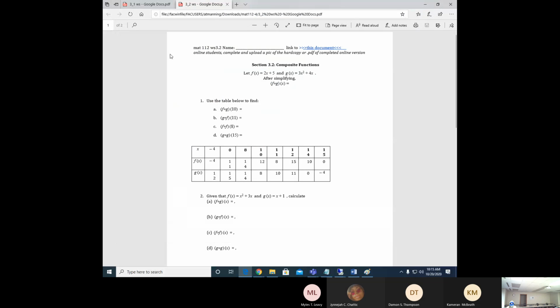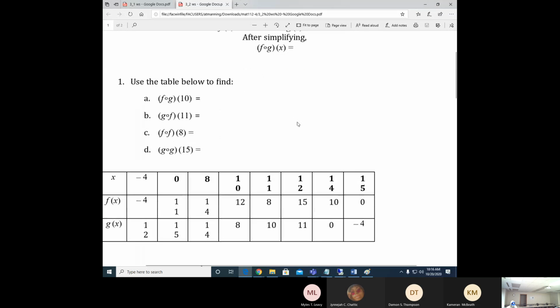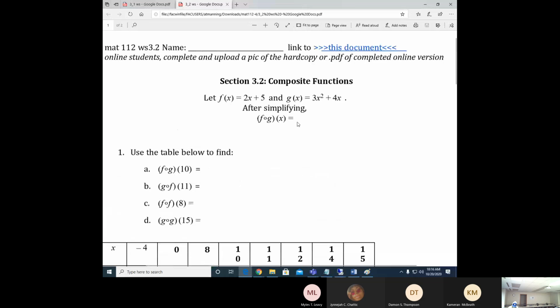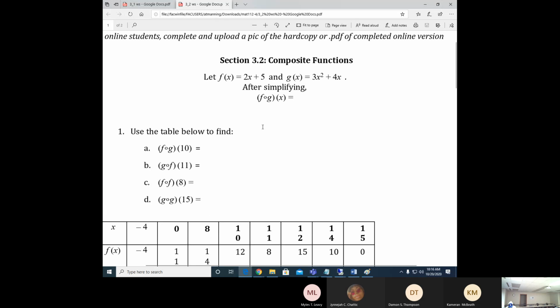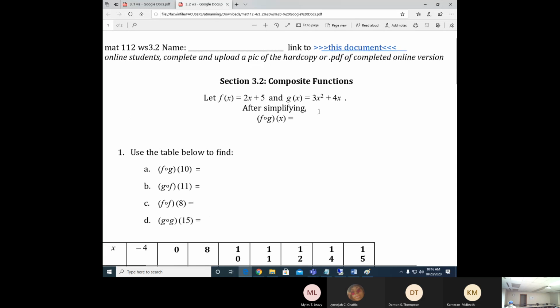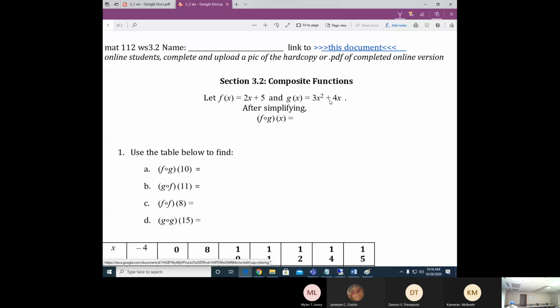So come back to here. If you print it out and then edit the PDF, I'm here in the PDF. Now it's time to look at the composition instead of the combination. So remember that dot. I'm going to write it out the way I like to: F composition G of X. For me, I like to think about it this way: I take F and feed G into it.